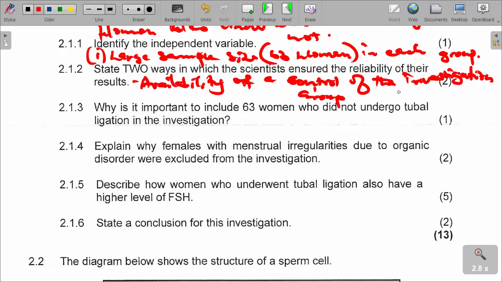Why is it important to include 63 women who did not undergo tubal litigation in the investigation?